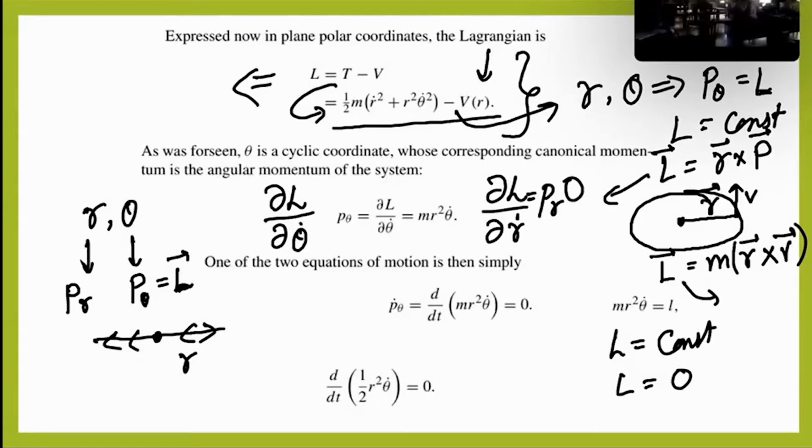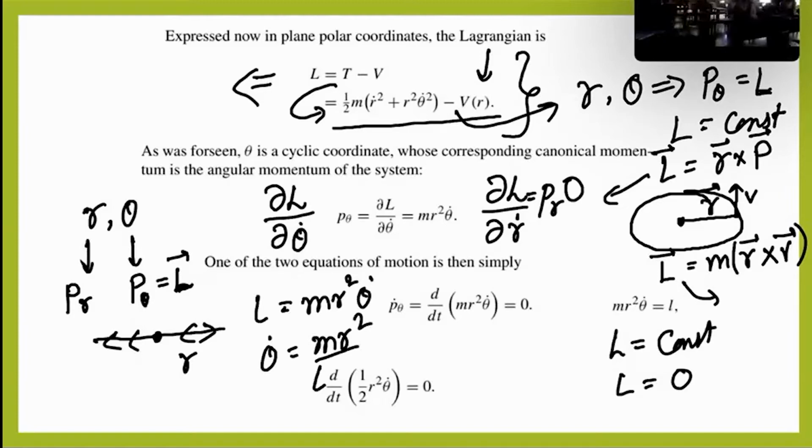Usually in these cases we take this value as L, which equals m r squared theta dot, and we write this in terms of this.